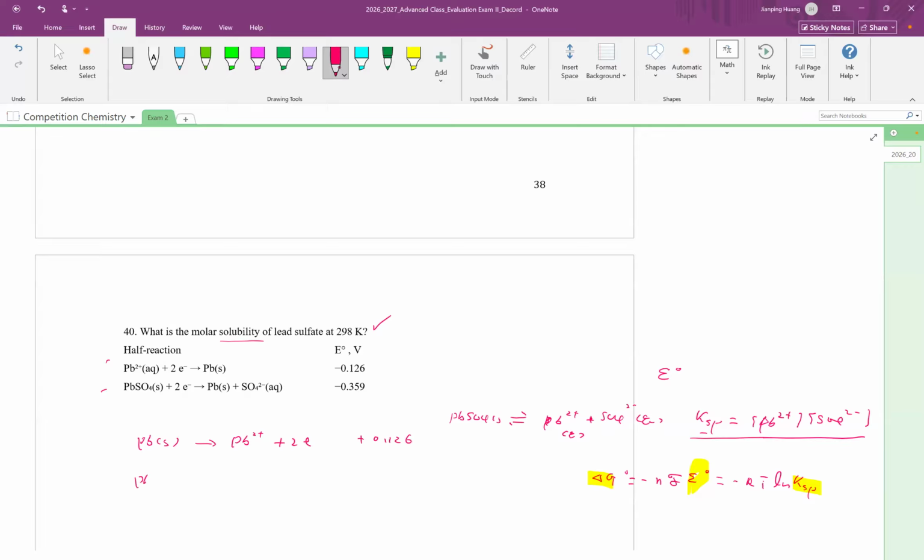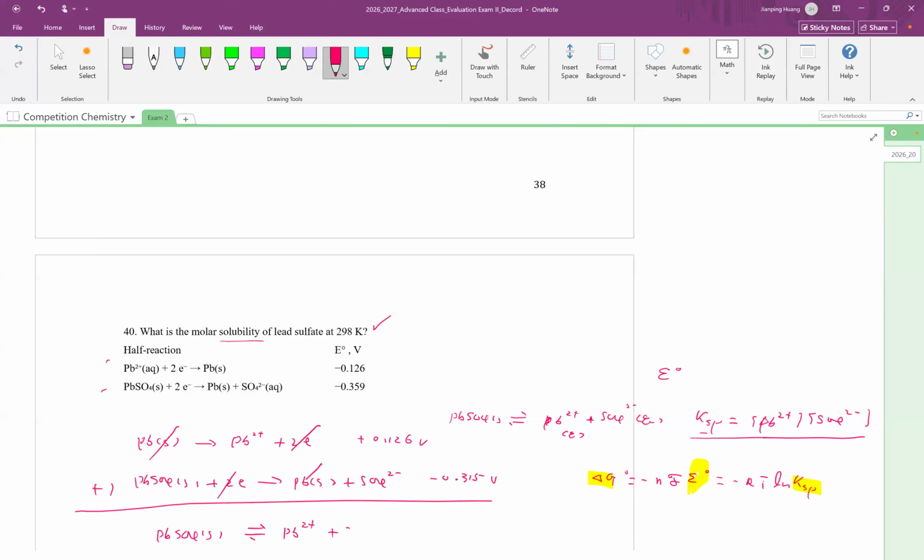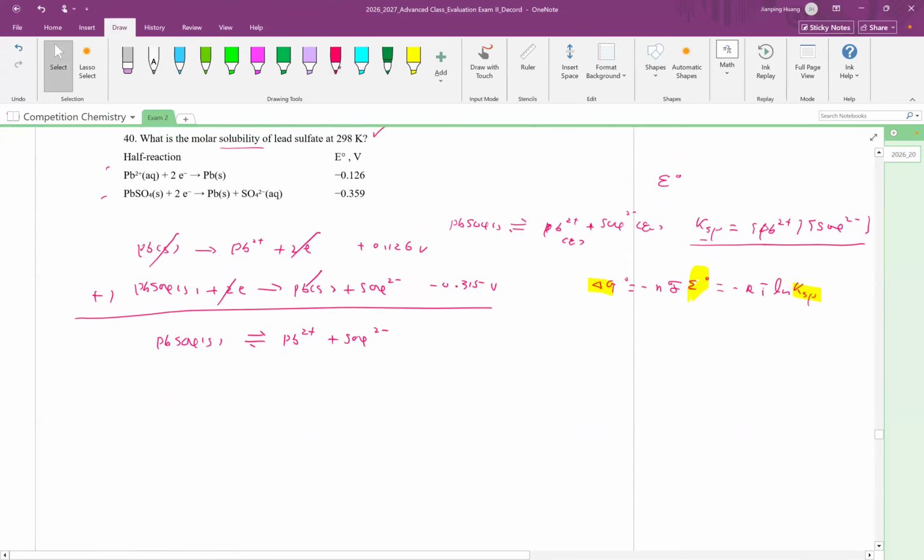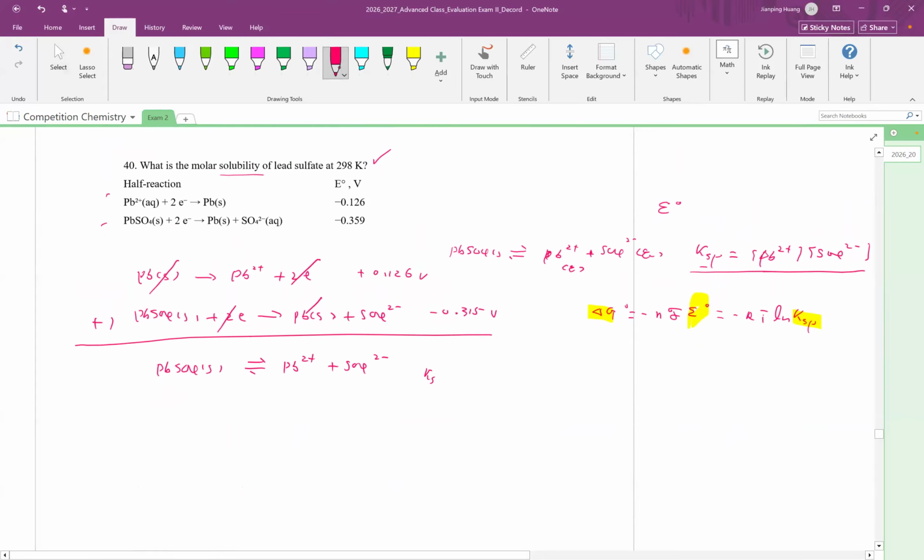Now this one you keep the same: 2 electrons, you get the Pb, and that is minus 0.359 volt. Then you add, cancel it. You get the PbSO4 equilibrium Pb2+ and SO4 2-. Save time. I did not put the states. Okay, right? I should have put the states. Okay, now what's this? And that is a Ksp.